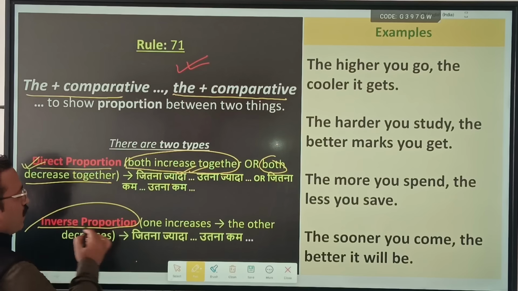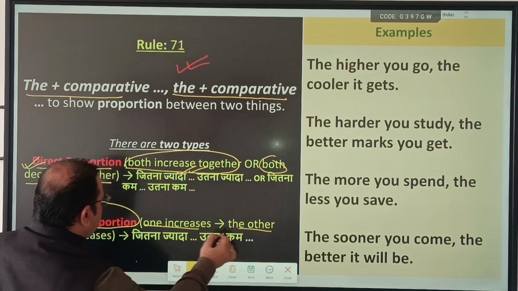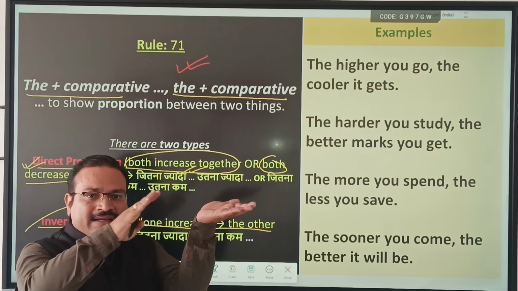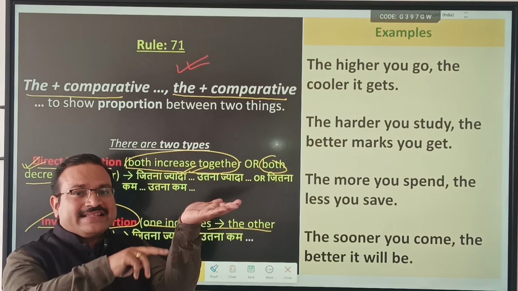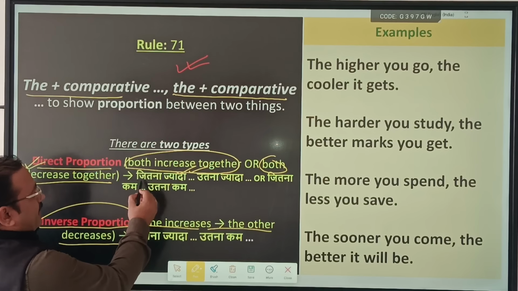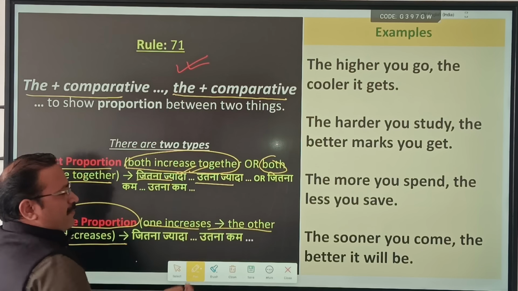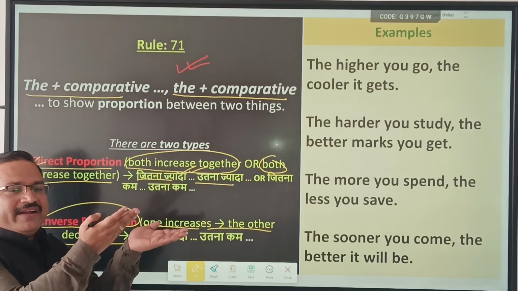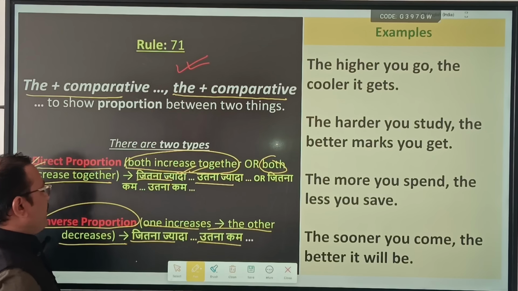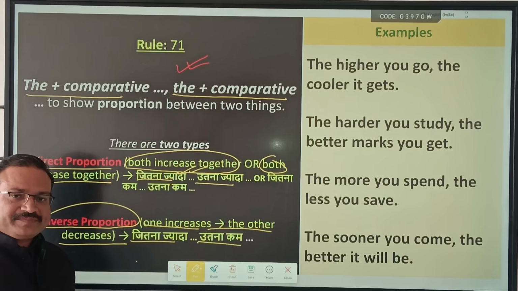Inverse proportion means one increases and the other decreases, in the same proportion. जितना ज्यादा उतना ज्यादा, मतलब एक बढ़ा तो दूसरा भी बढ़ेगा. जितना ज्यादा उतना कम. This is inverse proportion.